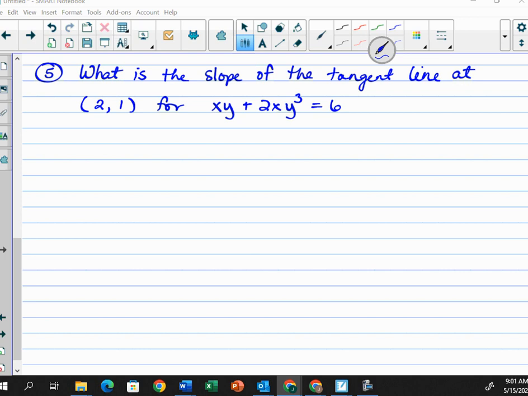Anybody want to yell out their answer for slope? We're not done yet. What'd you say? No, I got a negative 4. Oh wait, I forgot. Are you sure? No, come here. You mixed two numbers around.